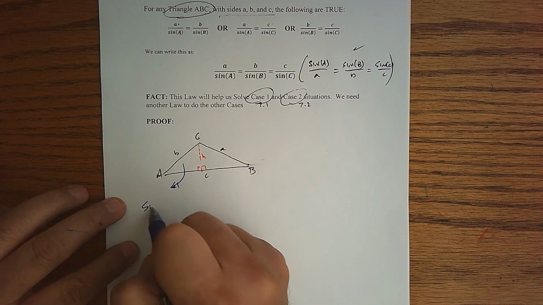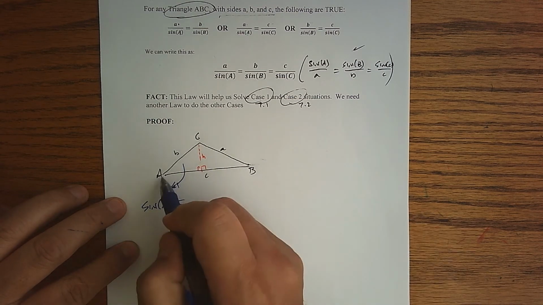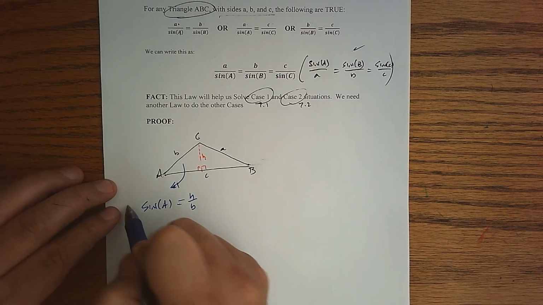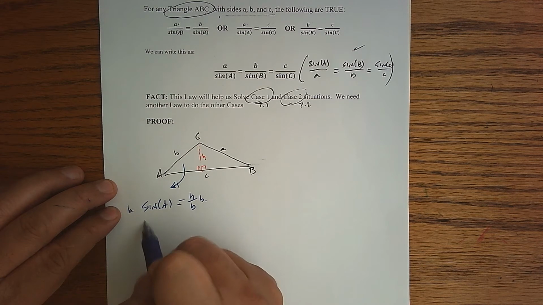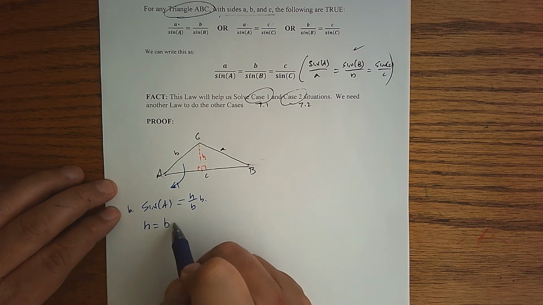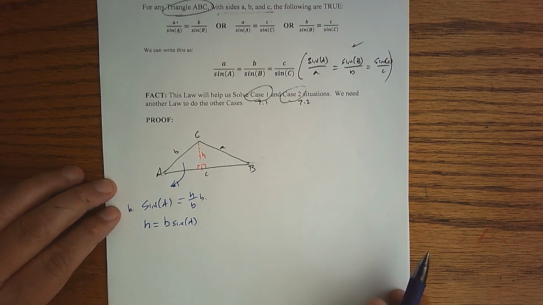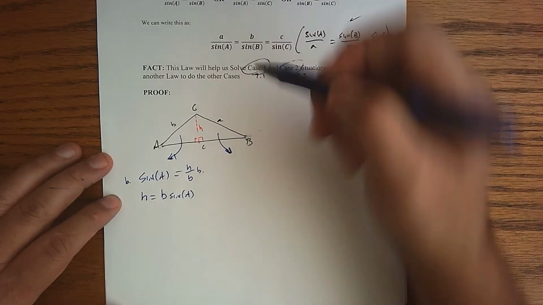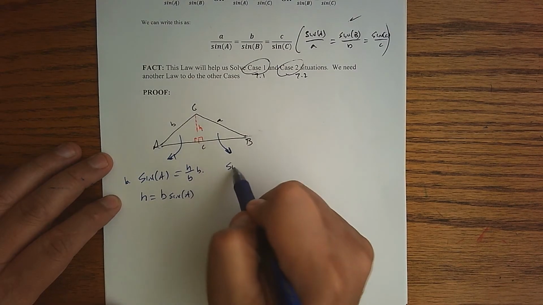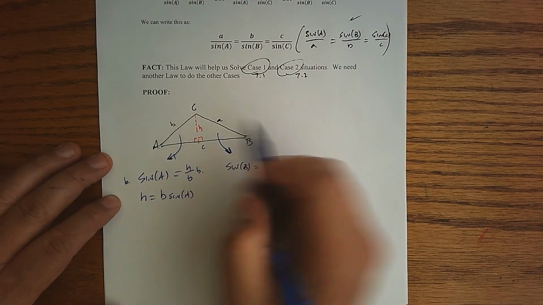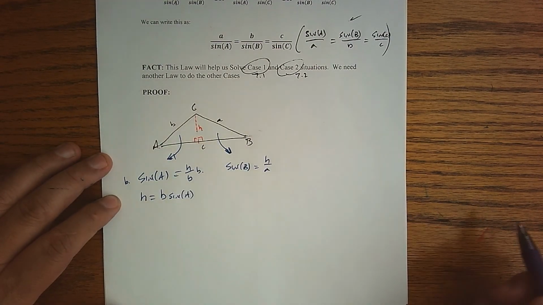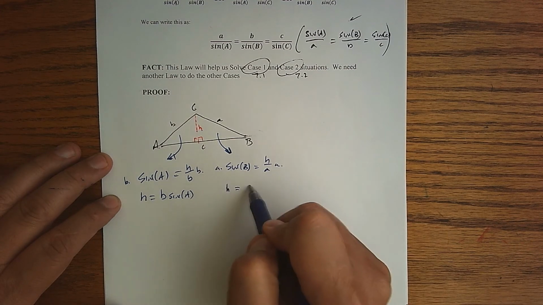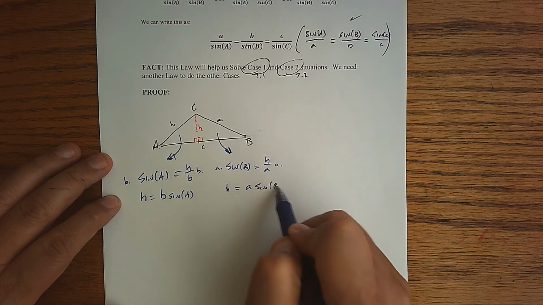So sine of angle A is the opposite, which is h, over the hypotenuse, which is b. And so multiplying both sides by b, we get that h is side b times the sine of angle A. And then we can also do it for the other right triangle. On this side, the sine of B is the opposite divided by the hypotenuse, which is a. Multiply both sides by a, and we get that h is side a times the sine of angle B.